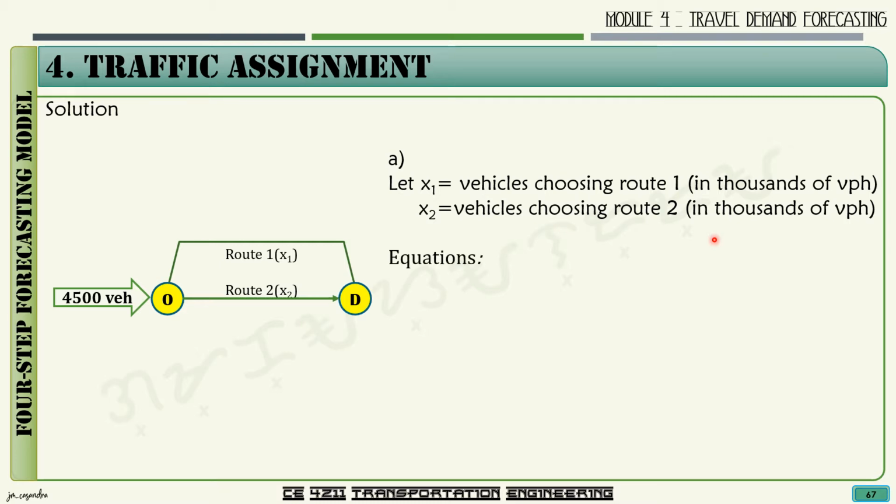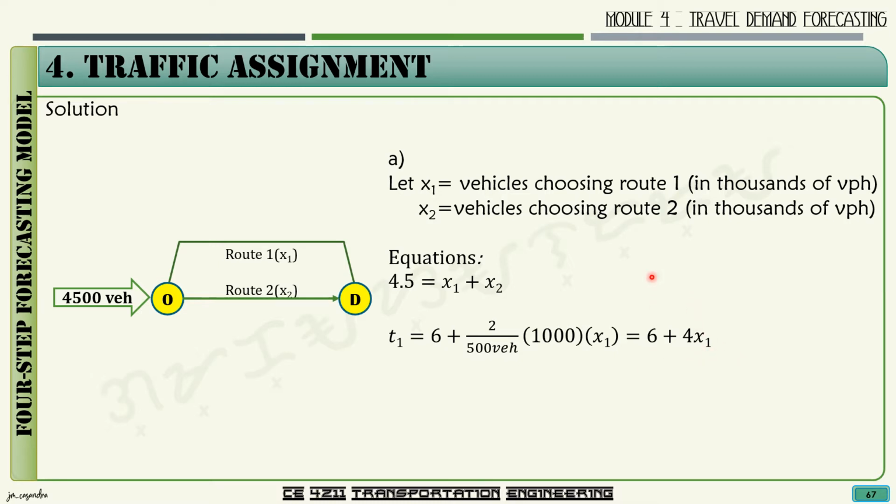So for our equations, as stated in the problem, we'll have 4.5, which is equivalent to 4,500 vehicles, equal to x1 plus x2. And for T1, this can be written as 6 plus 2 divided by 500 times 1000 times x1, or simplified as 6 plus 4x1.